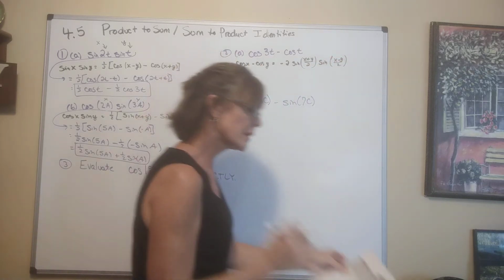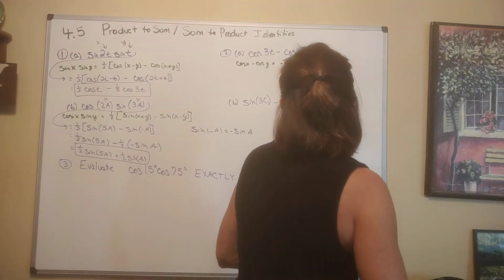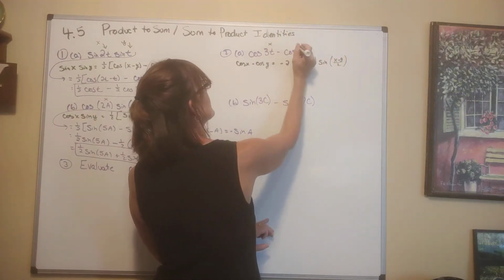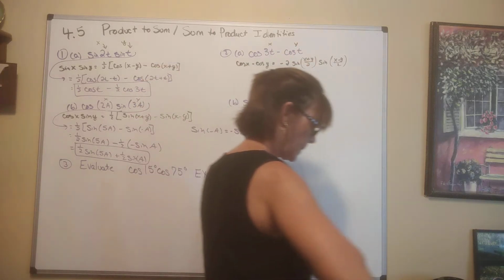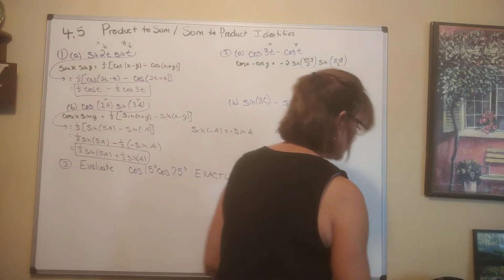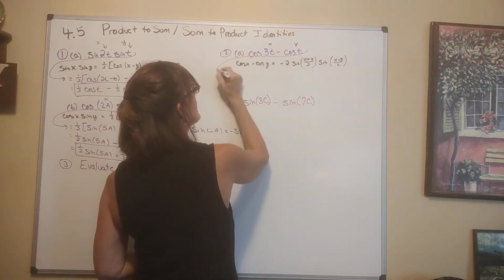I'm going to let x be 3t and y be t. The black is the identity. The purple is where I'm continuing this problem.